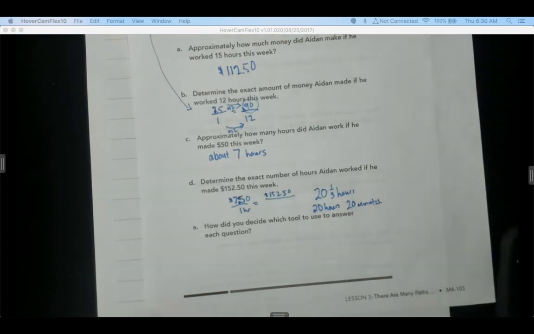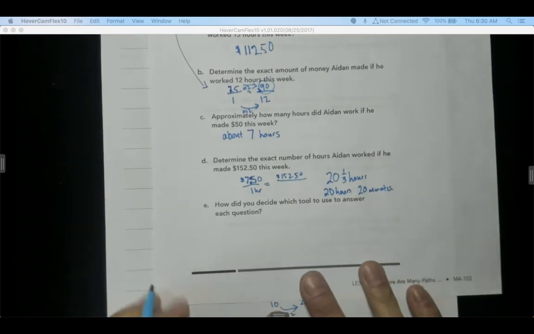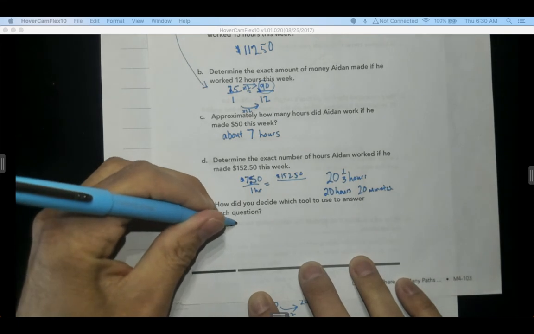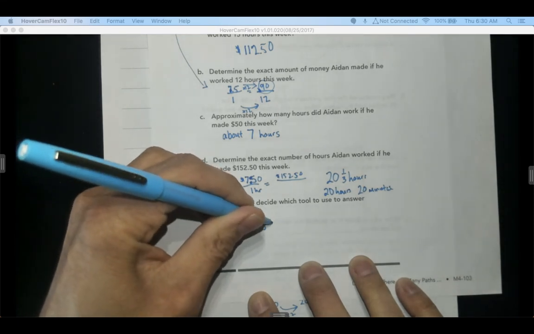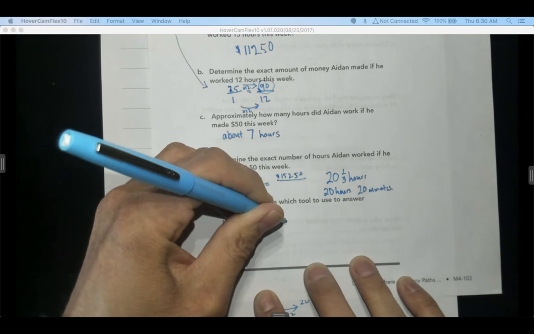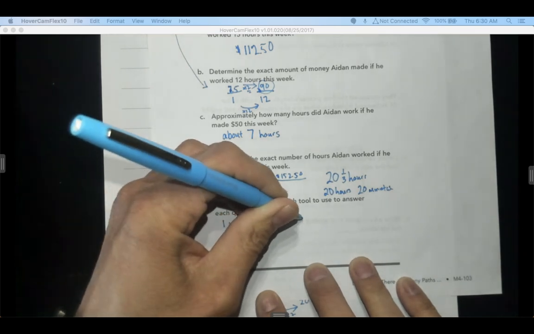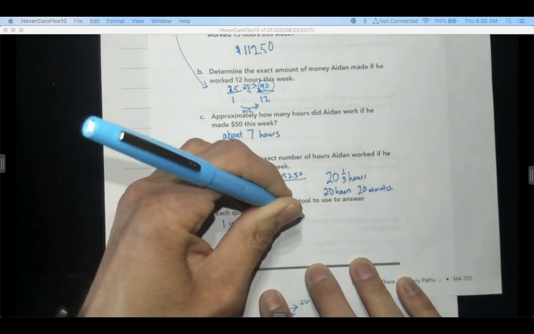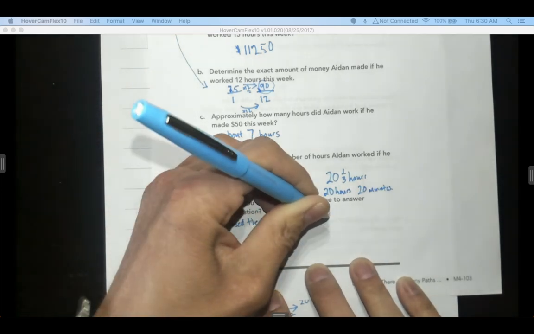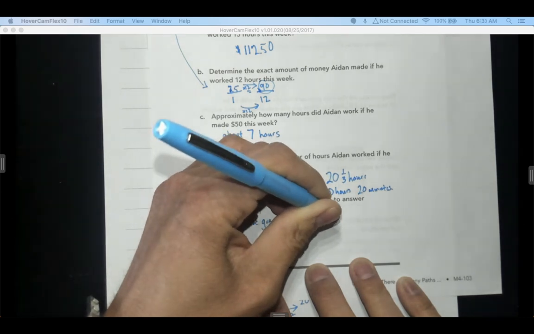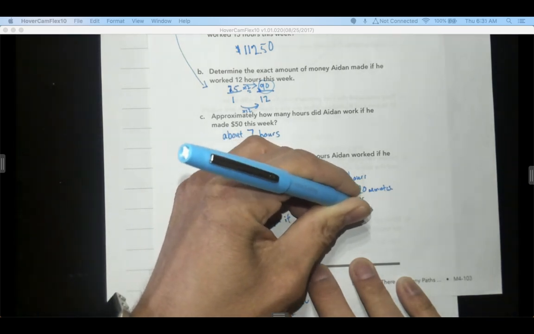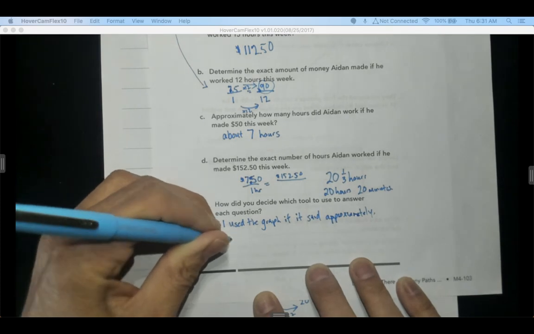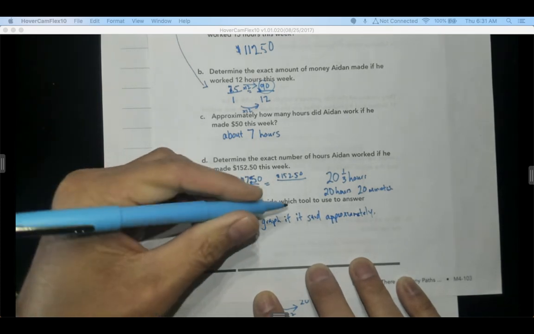Okay. How did you decide which tool to use to answer each question? I used the graph. If it said approximately, I used kind of the table with equivalent ratios.